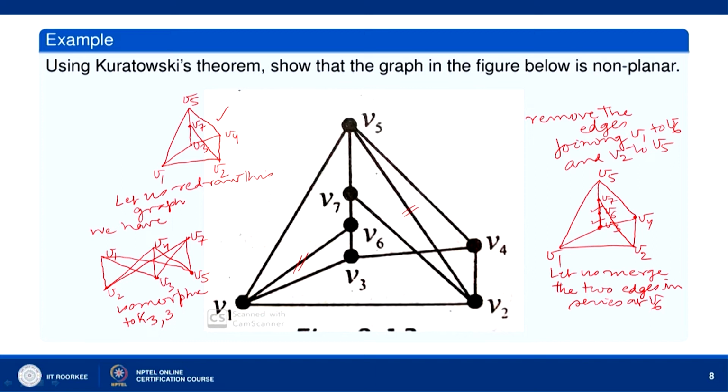K33 we have seen is a non-planar graph, and therefore the given graph is also non-planar, because it has a subgraph which is isomorphic to K33, and K33 is non-planar.